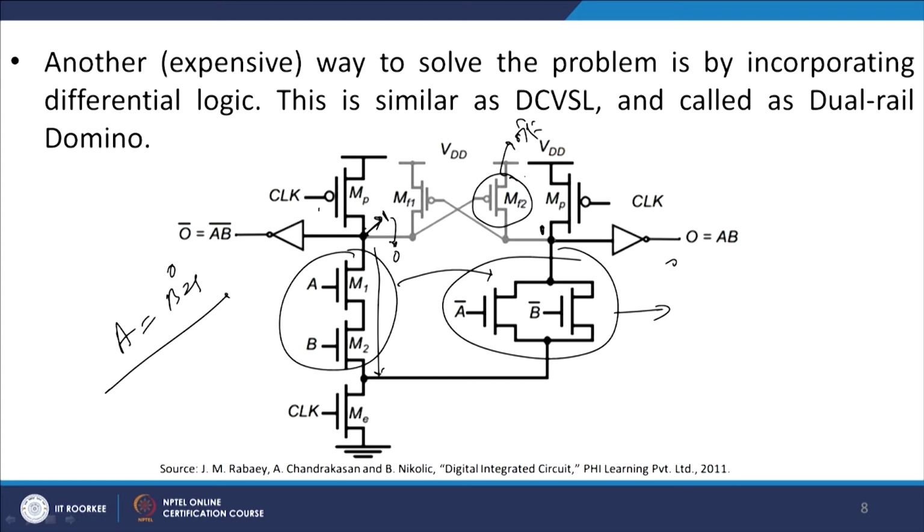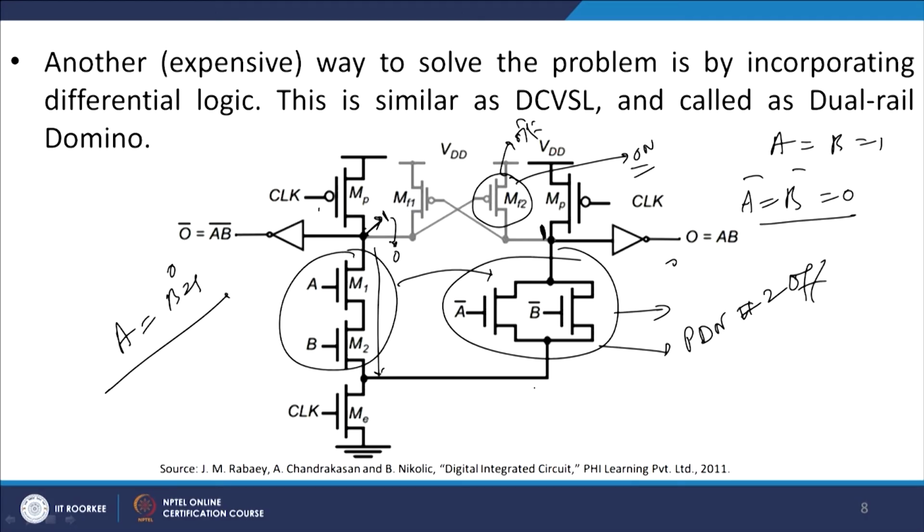As it pulls down, MF2 starts to turn on. So, you see when both A and B are equal to 1, then A complement equals B complement equals 0. This primarily means that this PDN2 is in the off state, whereas PDN1 is basically in the on state.